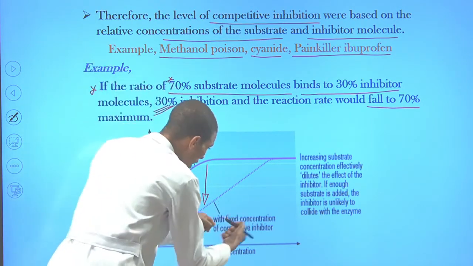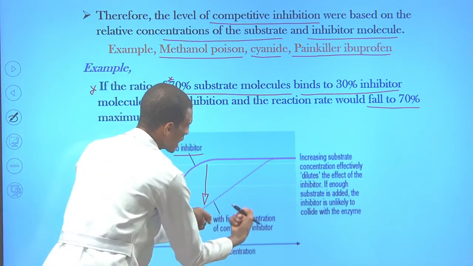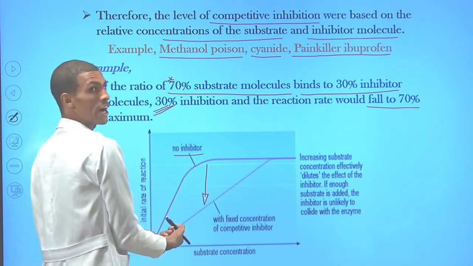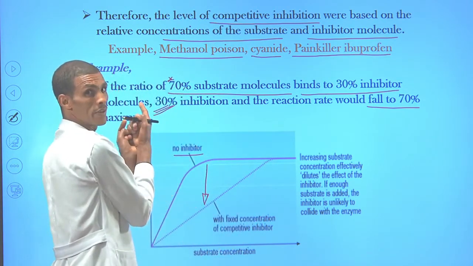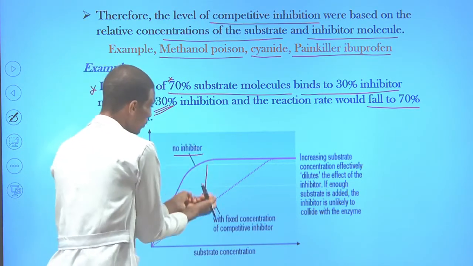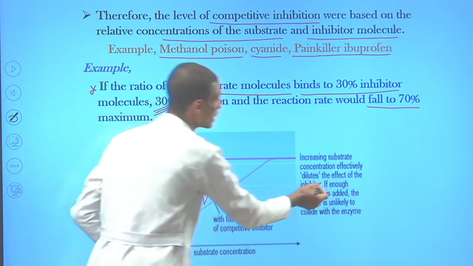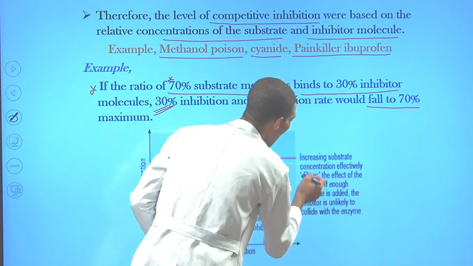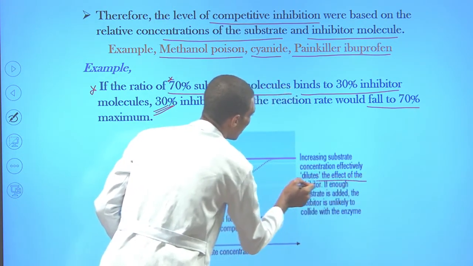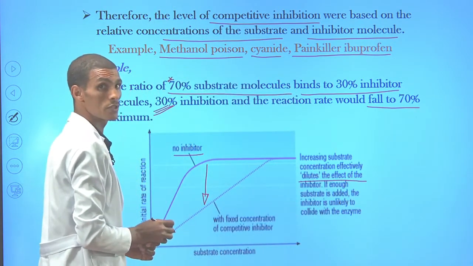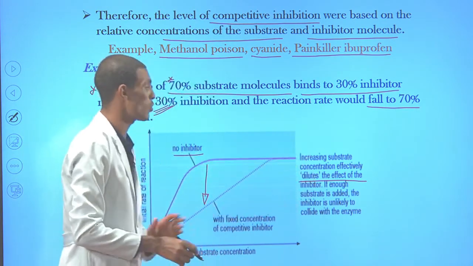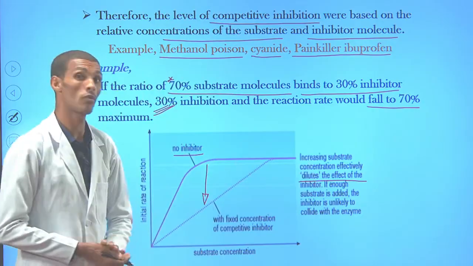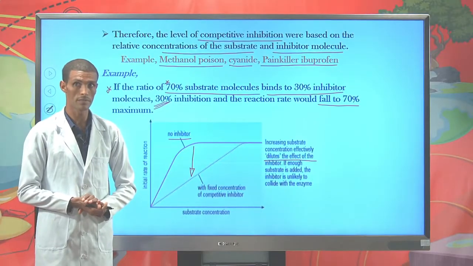So, if we add a certain concentration of substrate to this reduced rate of reaction, we can get back to the original catalytic activity. The effect of competitive reversible inhibitor can be diluted by adding enough concentration of substrate. Adding substrate concentration is a means of diluting the effect of competitive reversible inhibitor.